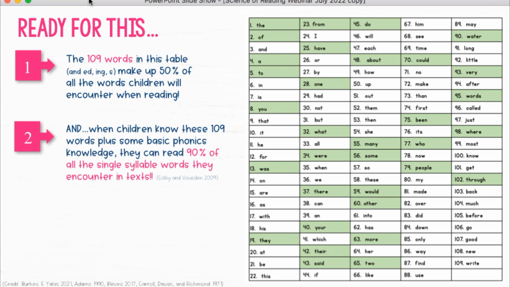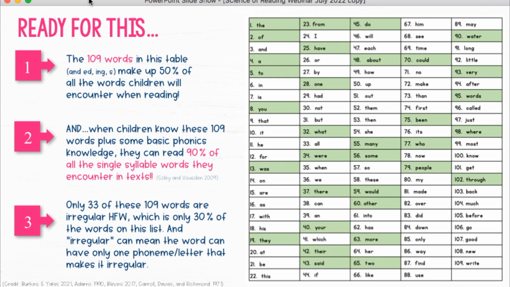they read. Another statistic: when children know these 109 words and their derivatives, plus they have some basic phonics knowledge, do you know they can read up to 90% of all single syllable words they encounter in texts? How crazy is that statistic? I thought that statistic was just insane when I read it.